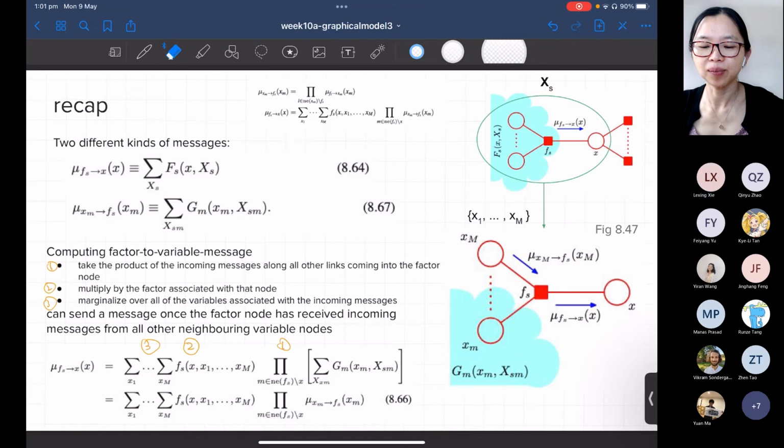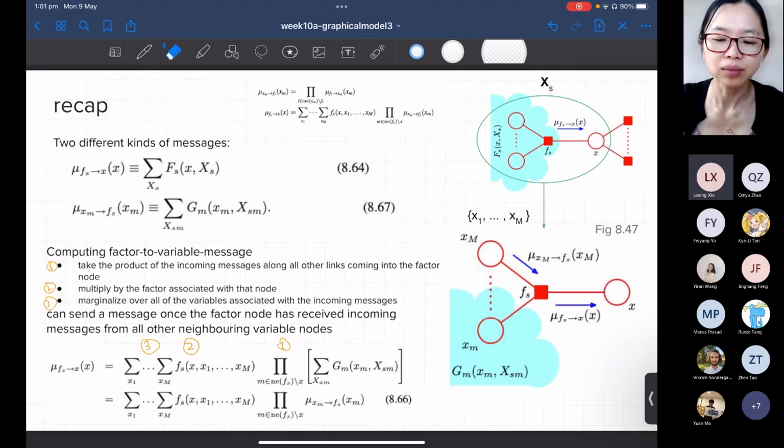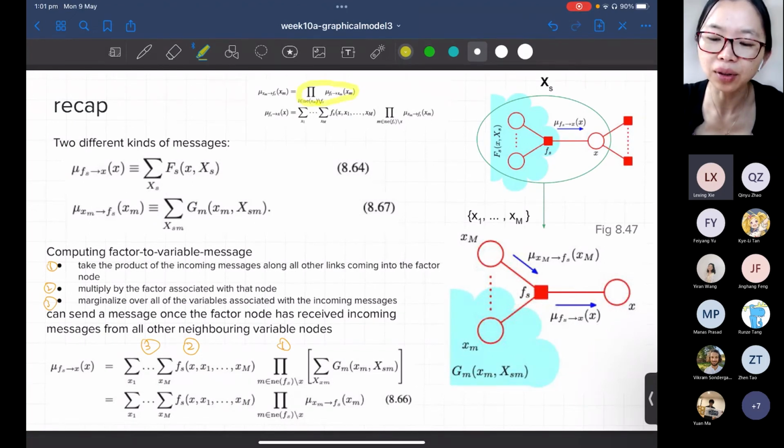Does that help? What is missing? Right. So comparing the Frey version and the book version, this expression is a useful one.